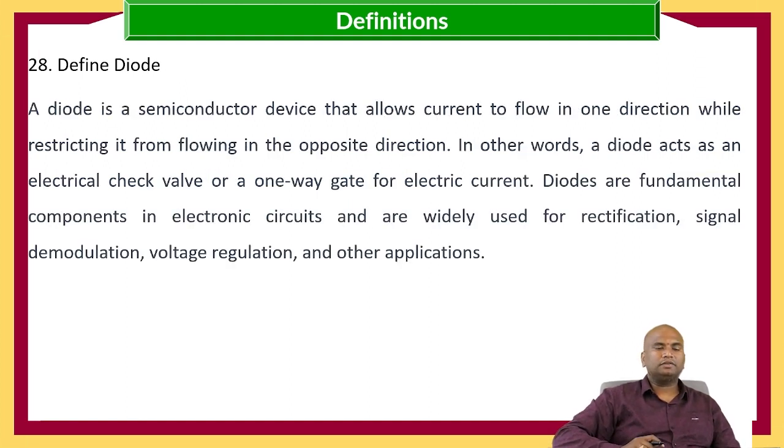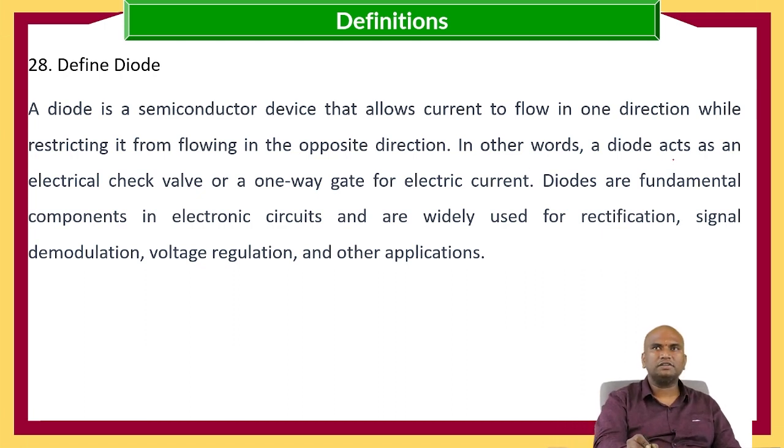Define diode. A diode is a semiconductor device that allows current to flow in one direction while restricting it from flowing in the opposite direction. Current is going to flow only in one particular direction, and in the other direction the current will not flow. That's why a diode is also called a unidirectional element.